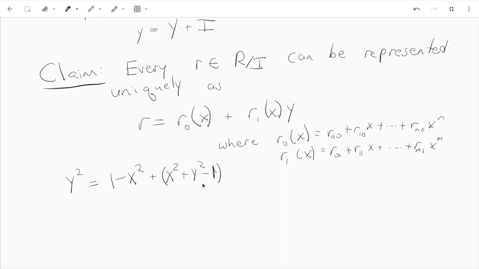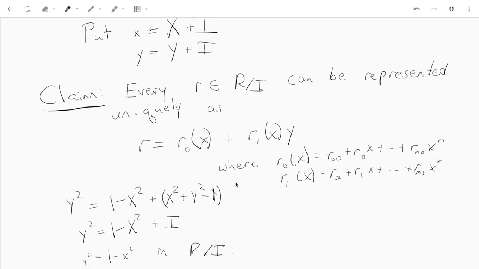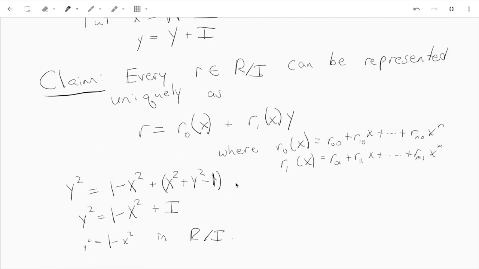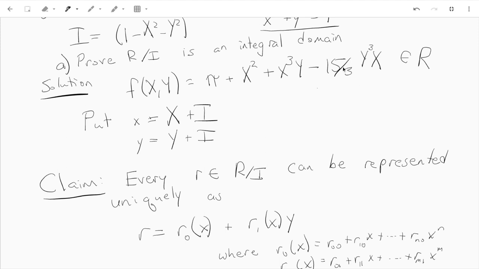This last part is an element of I, so that means y squared equals 1 minus x squared plus I. Now replacing big Y and big X by their cosets mod I, we get little y squared equals 1 minus x squared in R mod I. So going back up to our example, if we're working mod I, we can replace this y cubed by y times 1 minus x squared.